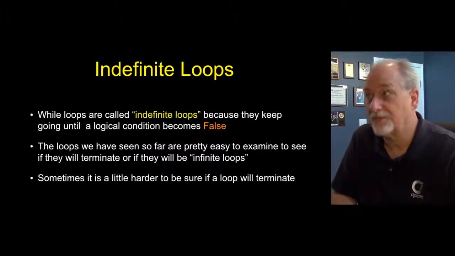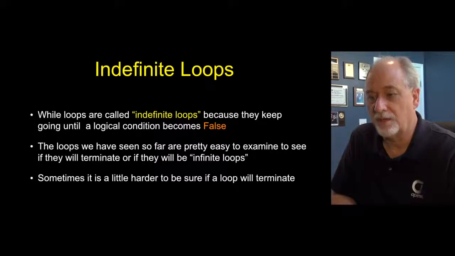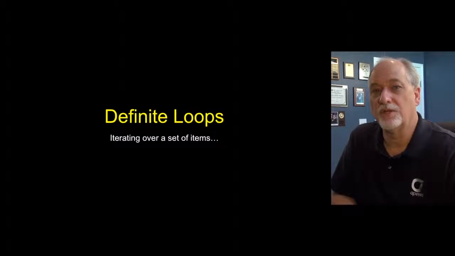But sometimes, if they're long and complex and their termination conditions are more complex, it's not clear that they're really going to terminate. So we can use while loops for a lot of things, but for most of our looping, we're going to use what are called definite loops, and that's what we're going to talk about next.